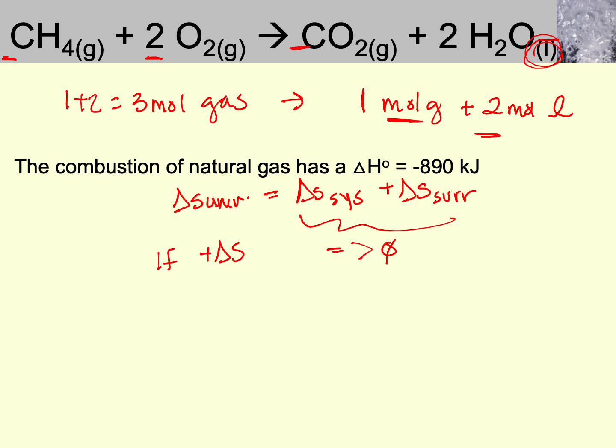If the system is negative or less than 0 for delta S, then the surroundings must be greater than 0 and large enough to offset the value of the delta S of the system. So it all just works out mathematically, actually.